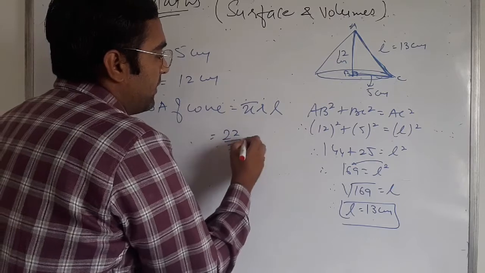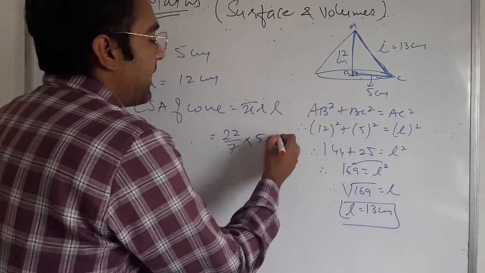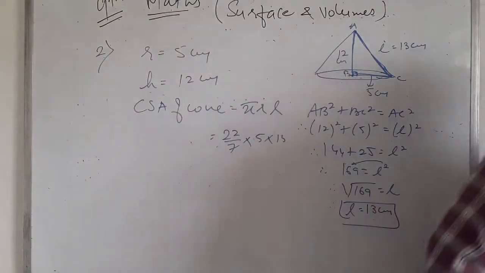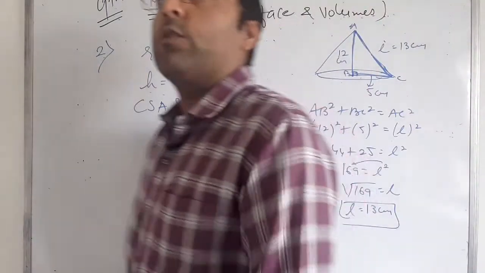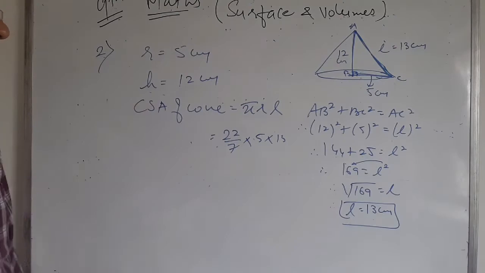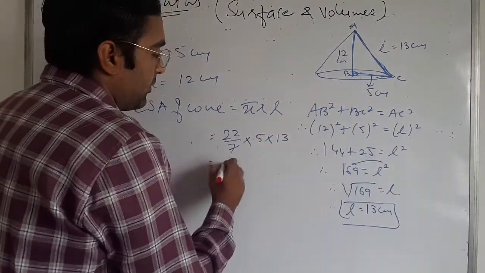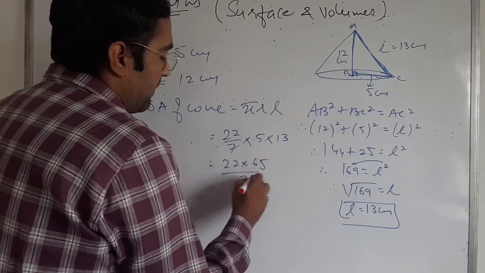So 22 by 7 into radius 5 and the value of slant height 13. Now we have to calculate that. 22 into 13 into 5 is 65 by 7.